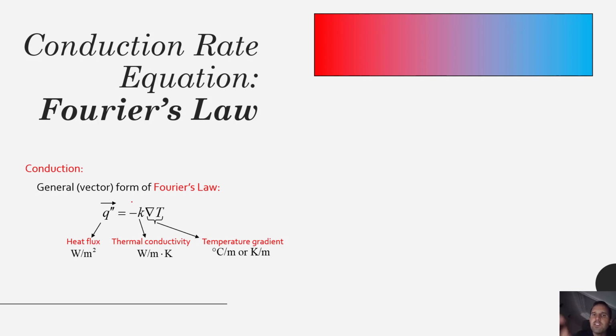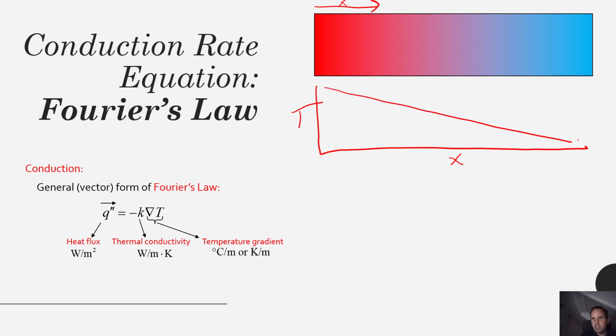As an attempt to do that, I have this picture of a solid material, and if we had x going in this direction from left to right, and we were to plot our temperature as a function of x, just for the sake of simplicity, let's assume this temperature profile is linear.